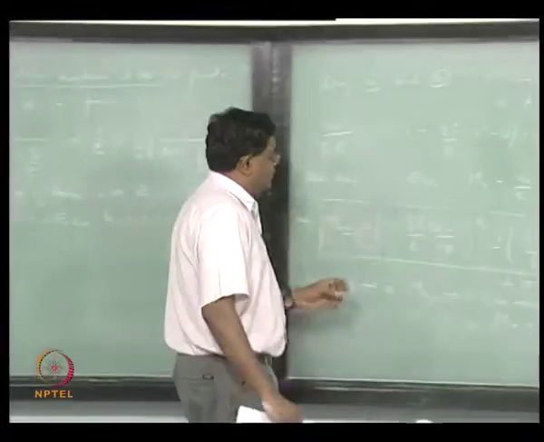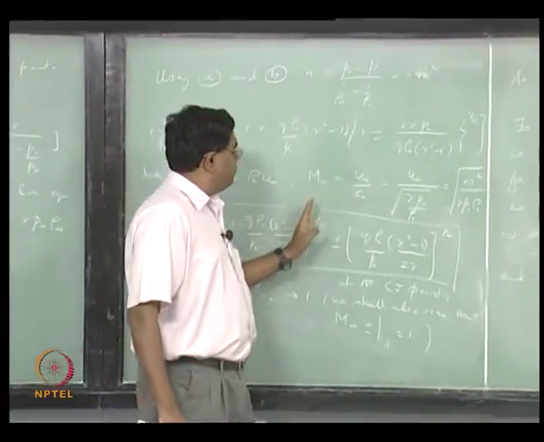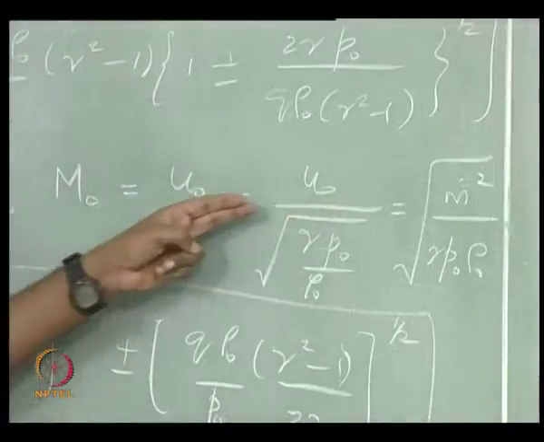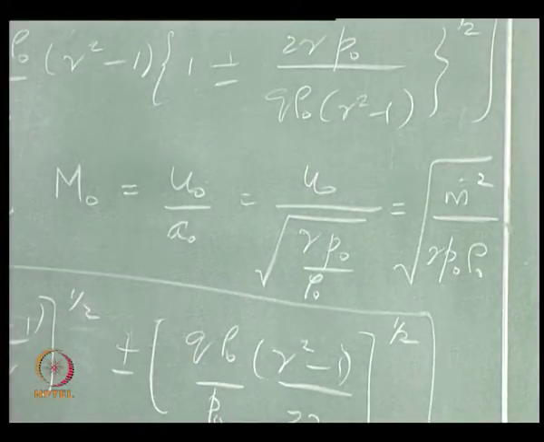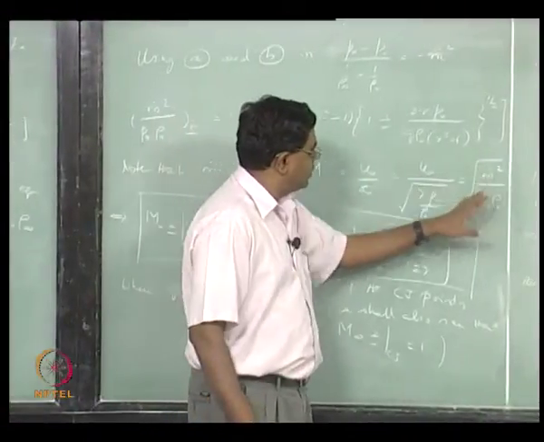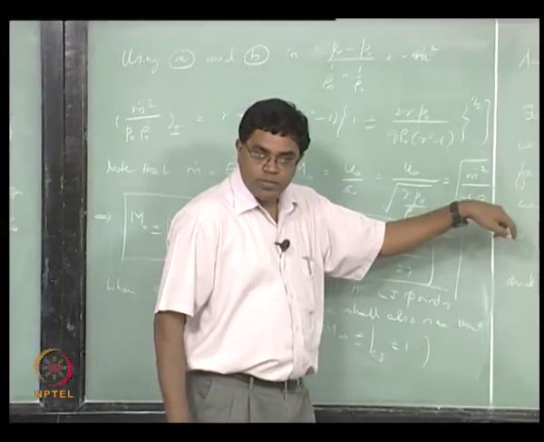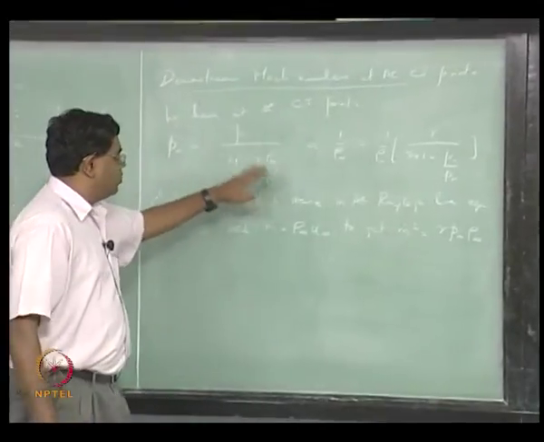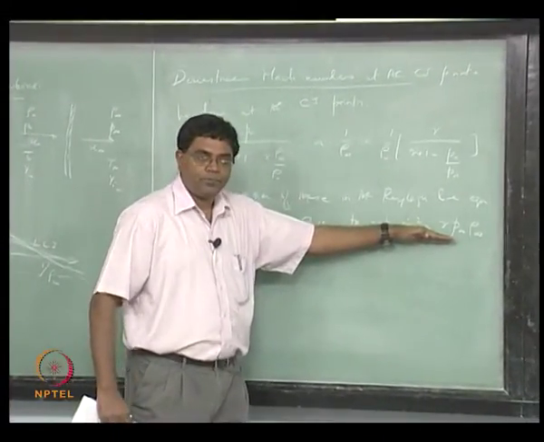As I told you, we could have written this as m infinity equal to u infinity divided by a infinity, equals u infinity divided by square root of gamma P infinity rho infinity. Then plug this back in and you get m dot squared divided by gamma P infinity rho infinity. If you got that, and by substituting this expression you also got this, that simply means that m infinity is equal to 1, right.